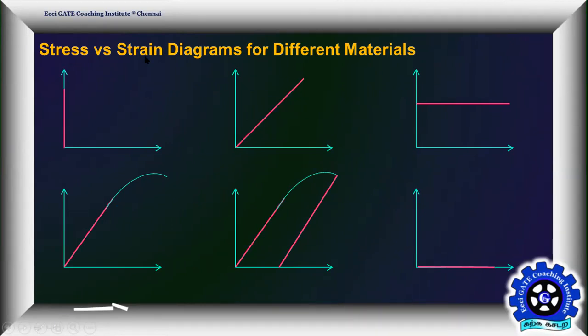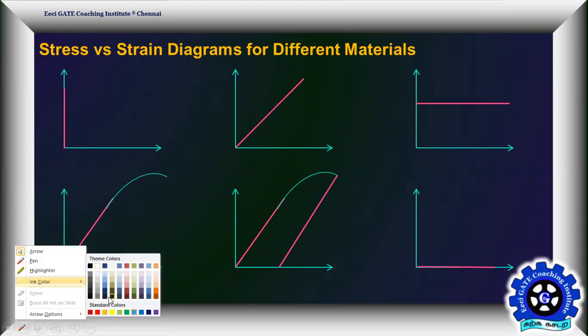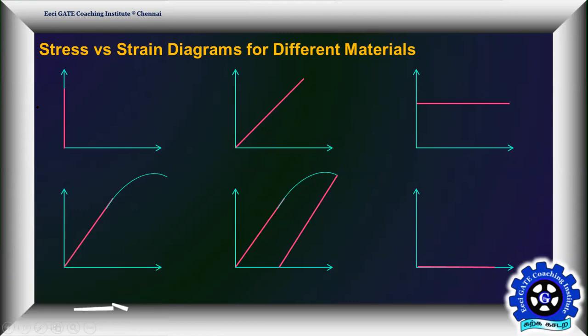Before that, just have a look at the stress versus strain diagram for different materials. Tell me, what are these stress versus strain diagrams drawn for? You need to say the names. This is sigma and epsilon.